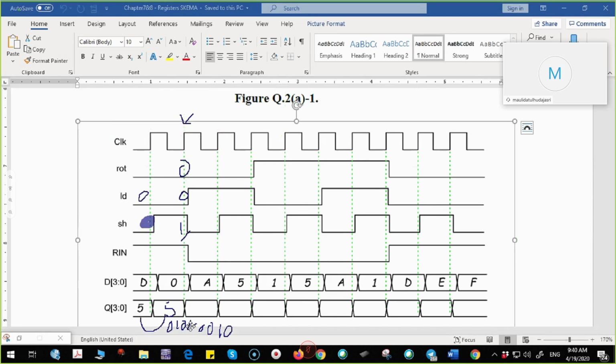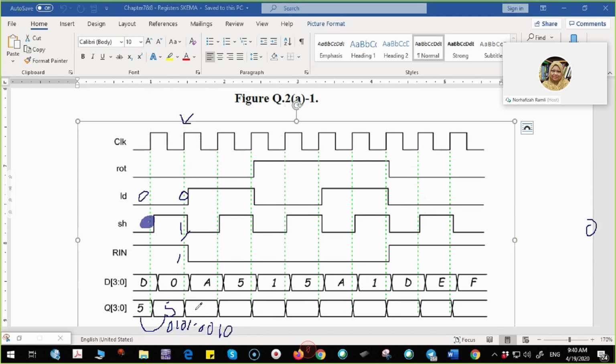Shift right is to the right, 0, 1, 0, with 0 coming in. But the R in is 1, so 1 is coming in from that. Where? This is not the R in. What is this? ROT selector, I see. 1, okay, correct. So that's why.